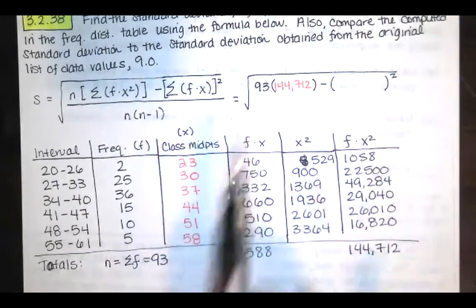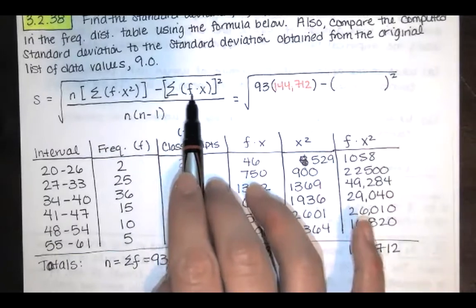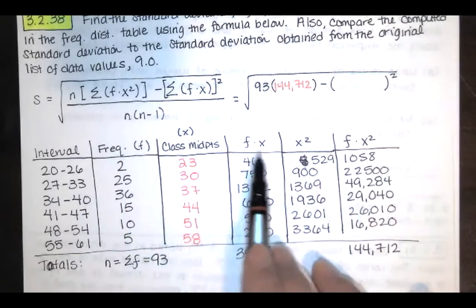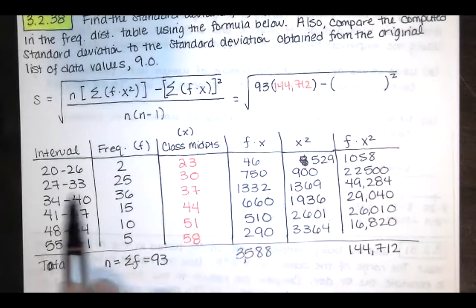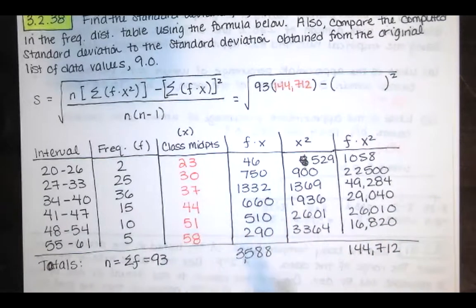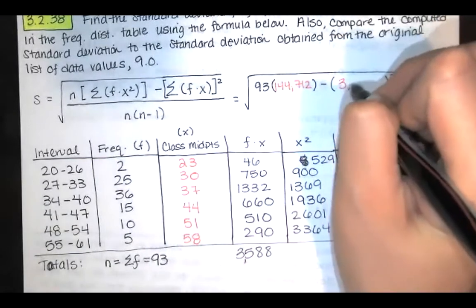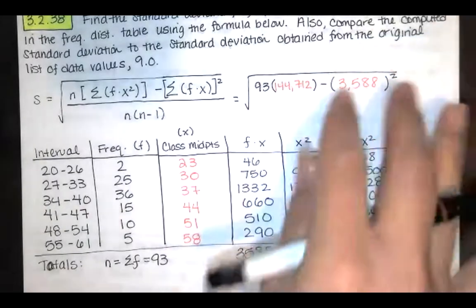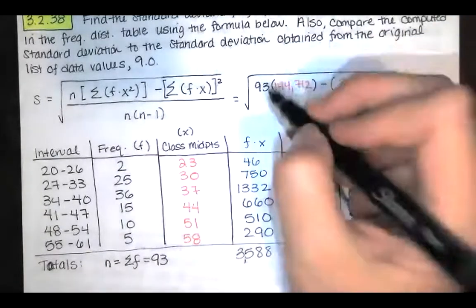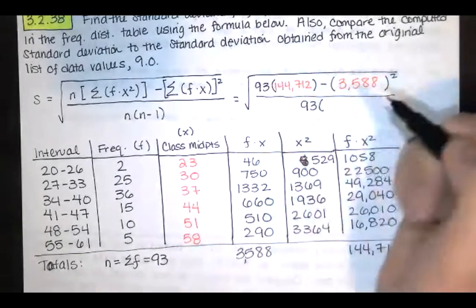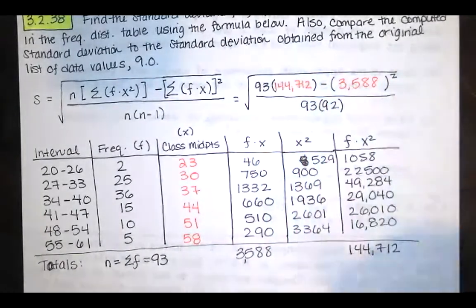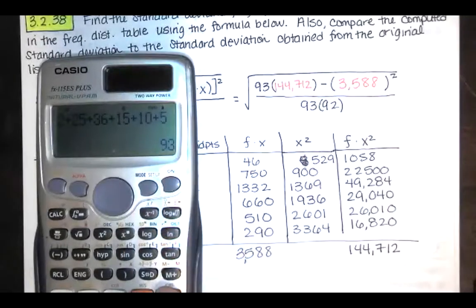In place of it, we've got the frequencies times the class midpoint, which is an approximation of the sum of the x's in that class, all added together. And we got approximately 3,588. We're going to square that. Then we divide by the sample size, 93, times 1 less than the sample size, which is 92. And this is how you do it by hand. I'll show you how to do it in Excel in just a moment.